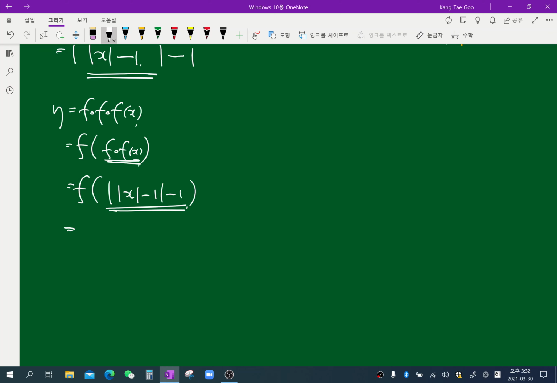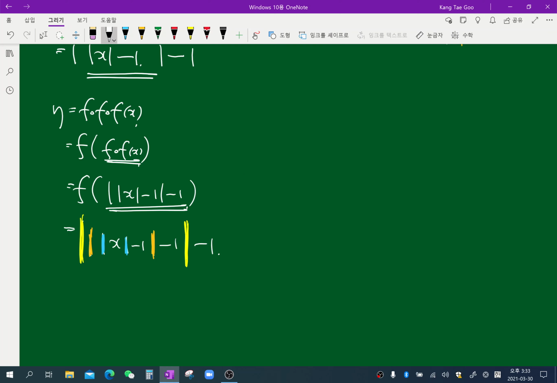So then we bring these inside the bracket and then minus 1 right there, right? So the absolute value of, absolute value of x minus 1, minus 1, minus 1. Put the color. This is a past paper.